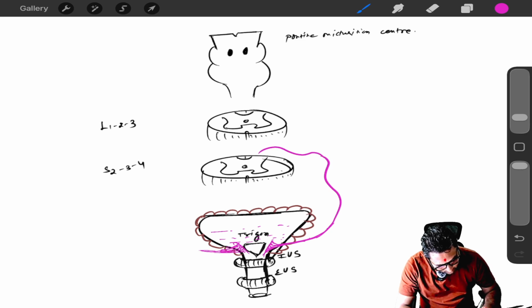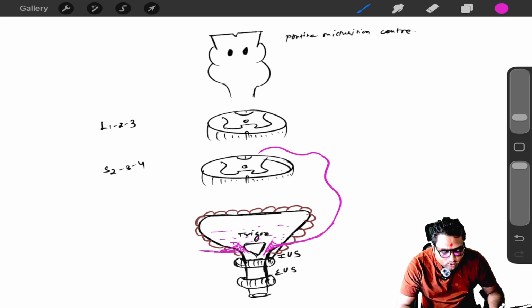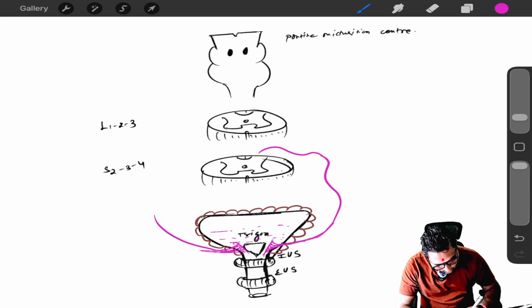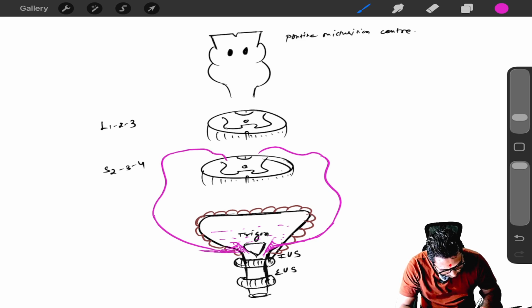These sensory fibers enter through the posterior gray horn at the level of the sacral segment, and then they ascend through the posterior column of the spinal cord.